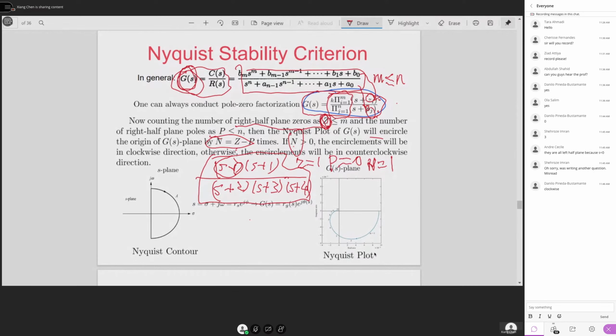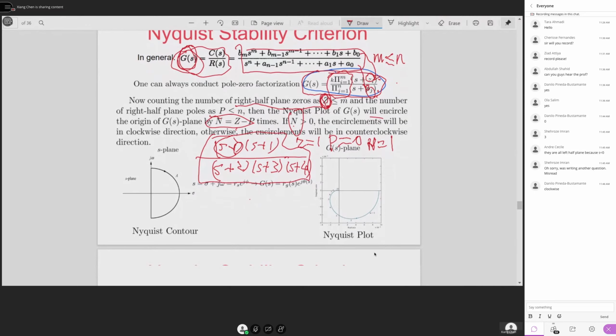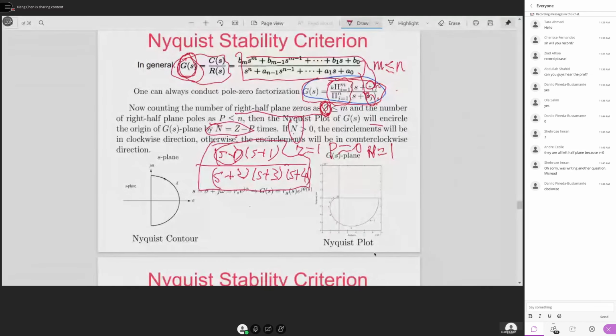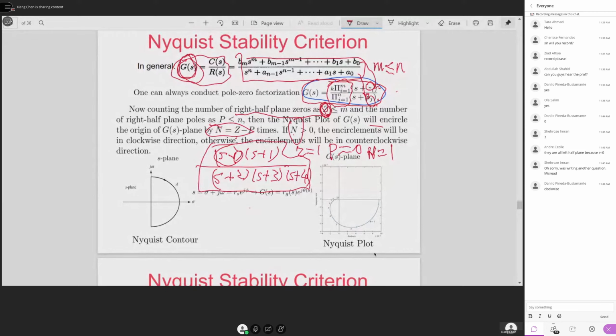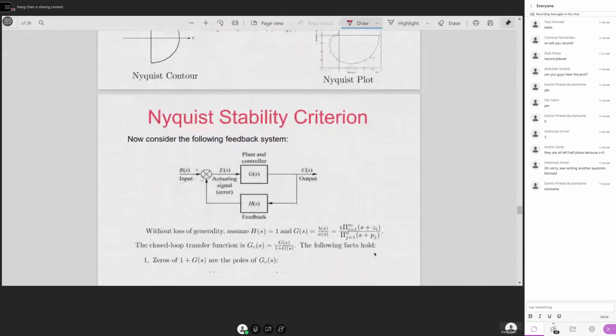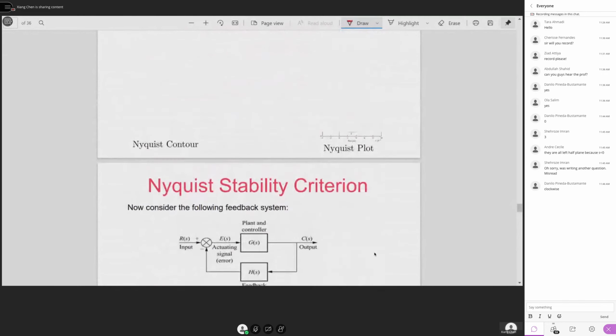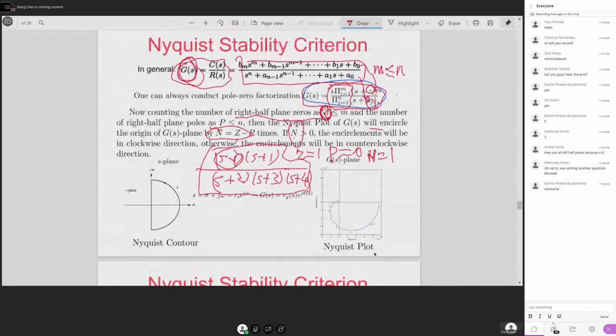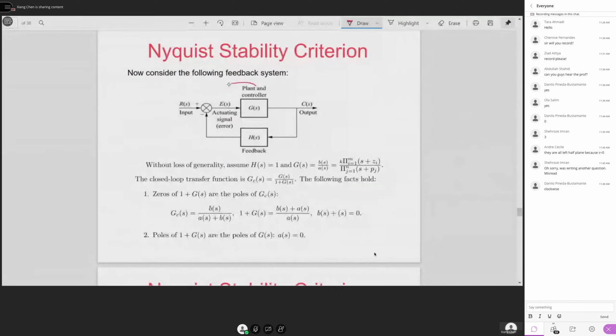Now we understand the general case. We extend from the single zero-pole case to the general case. Now we're going to apply what we established here to evaluate the stability of this closed loop feedback system.